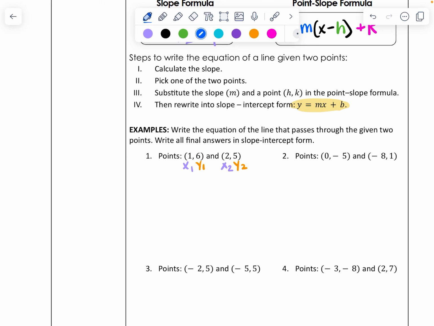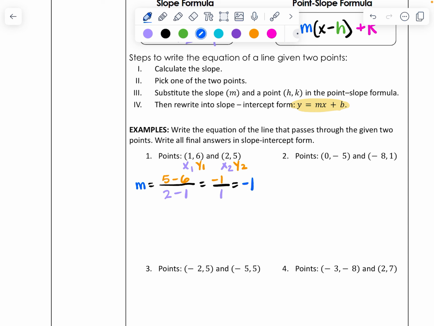So, slope is y2 minus y1, which is 5 minus 6 over 2 minus 1. So now we have negative 1 over 1. So my slope is negative 1.